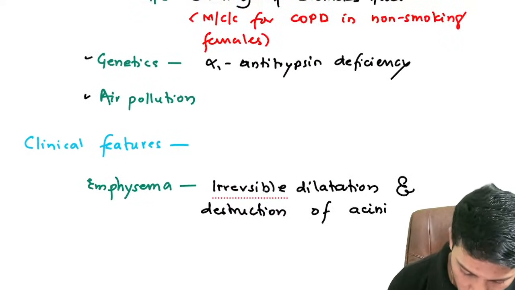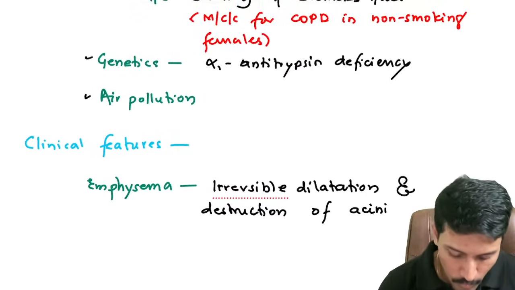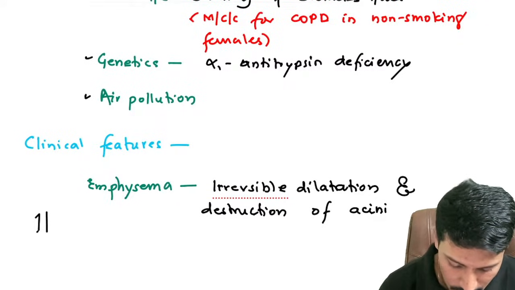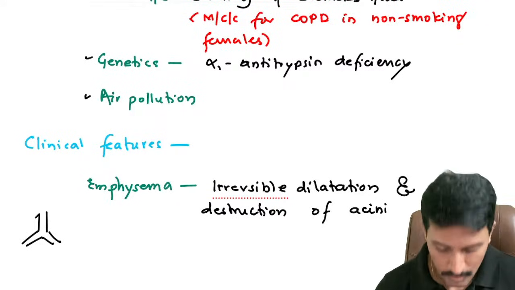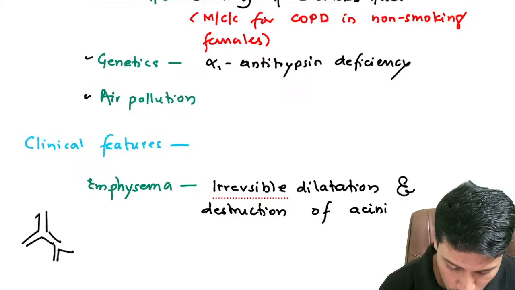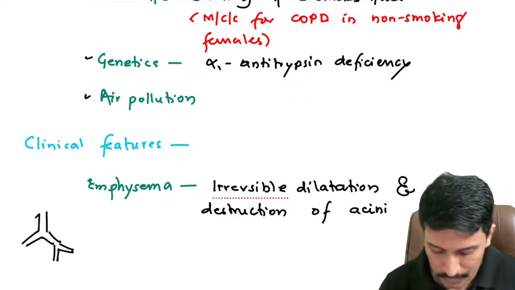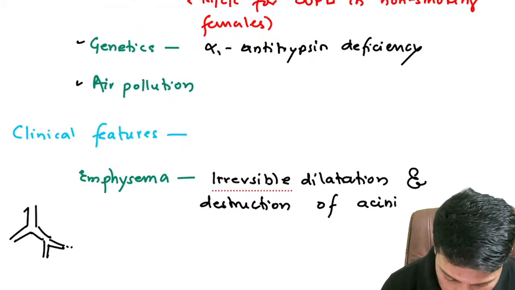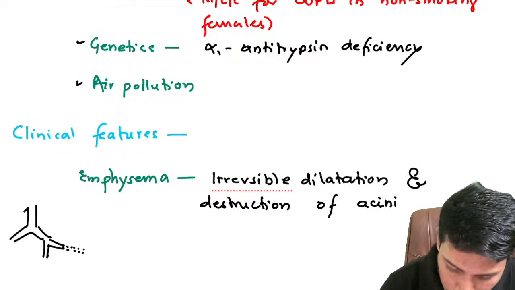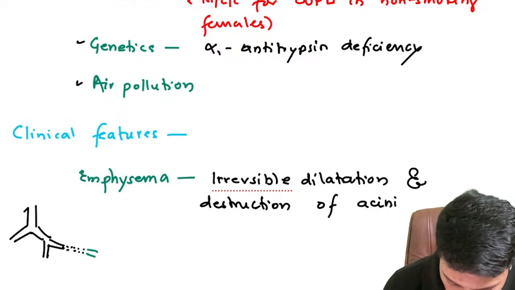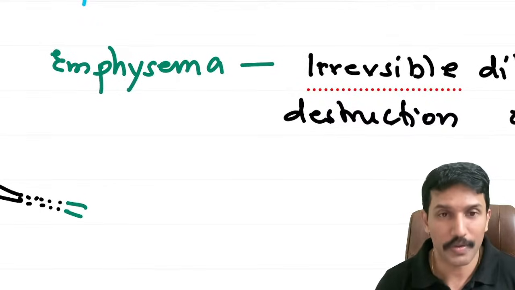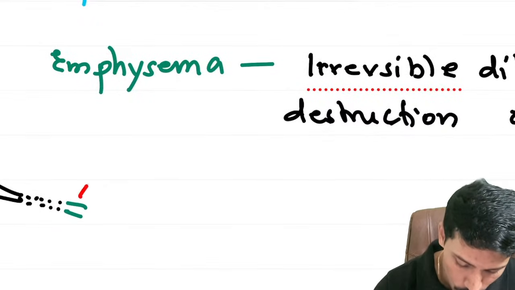If I talk about the trachea, the trachea divides into 2 bronchi, and the bronchi go through multiple generations of divisions, and eventually they become what we call a respiratory bronchiole. So this green line, think of it as the respiratory bronchiole.